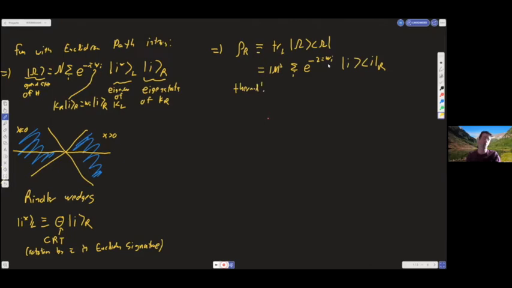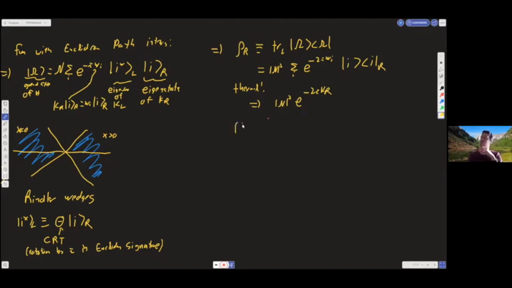This is just a thermal state. We're summing over eigenstates, so in particular, we can just write it as a normalization times e to the minus 2 pi K. So this is just the thermal state, except we're using K_R as the Hamiltonian instead of the actual Hamiltonian.